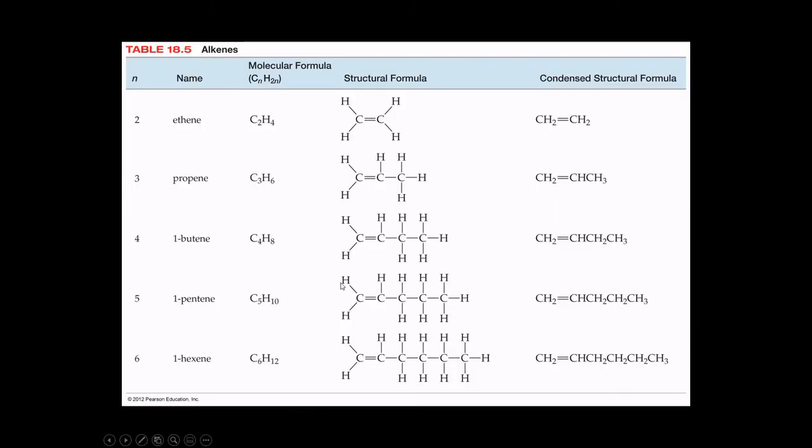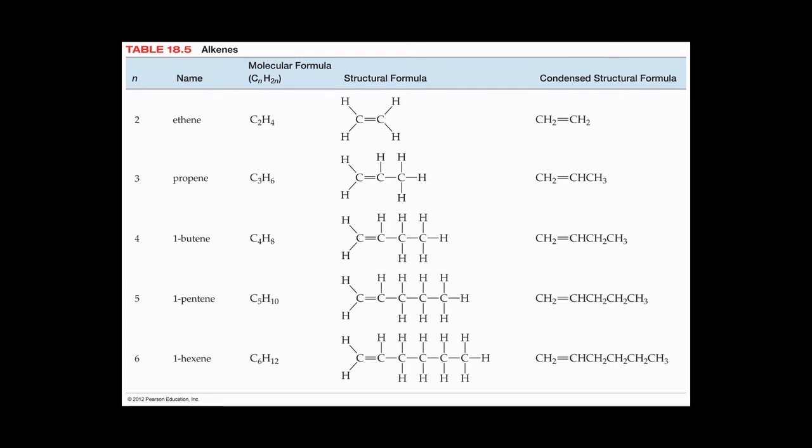So alkenes are named very similar to the alkanes. So if you remember, alkanes were called ethane, propane, butane, pentane, hexane. Alkenes, where we have double bonds, have the same root names, except instead of ending in ane, it's going to end with ene.